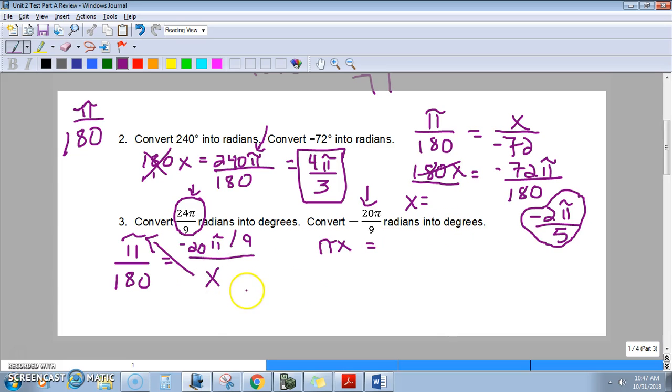Oh, but remember when I pulled it out and did that, I was able to say that the 9 and the 180 can just become 20. So what I really have is just 20 times negative 20 pi, which is negative 400 pi. Check my mental math and let me know, extra credit if you catch a mistake. Am I good so far? I think so. And then divide both sides by pi. The pi's cancel out, so x is just equal to negative 400 degrees.